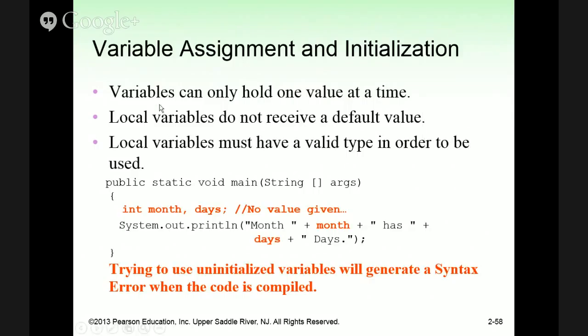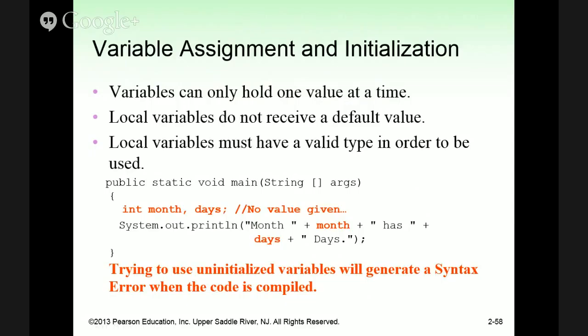Remember that variables can only hold one value at a time. Local variables do not receive a default value. You have to provide that. And local variables must have a valid type. So this example of code here shows the variables being declared, okay, both of type int, but they're not being initialized.